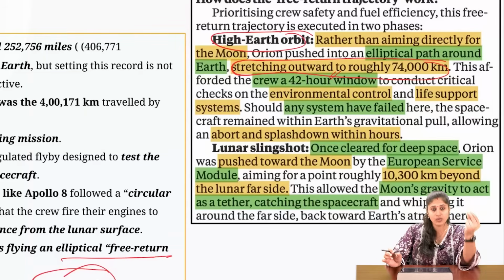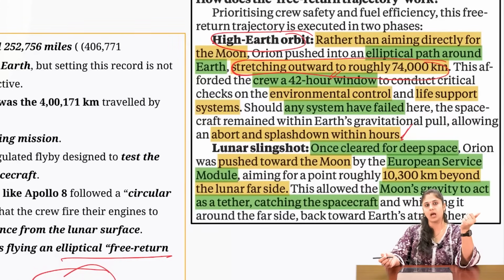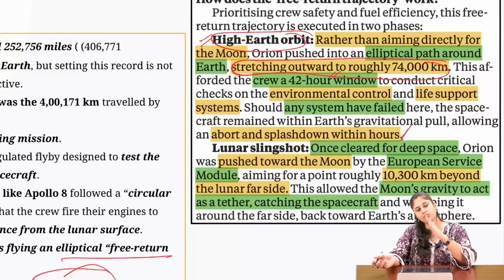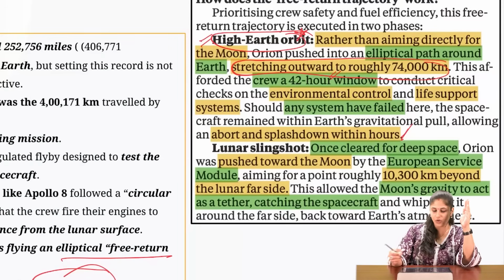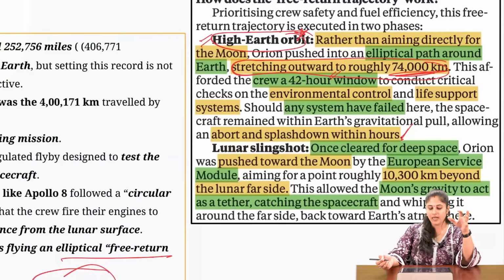If they find that anything is going wrong, they will go back to the Earth within hours. That is why they are not aiming directly for the moon; rather, they'll stay in the high Earth orbit, at this altitude, for a 42-hour window to check whether the Orion spacecraft is able to support life or not, and if anything goes wrong, we will not put the astronauts' lives at stake.